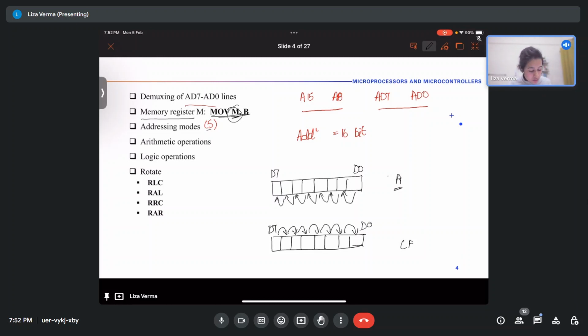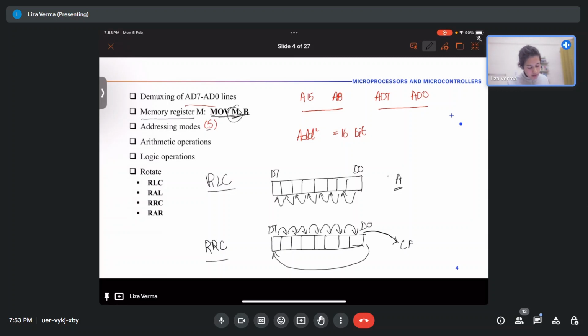In RRC, D0 went to the carry flag as well as D7. Because D7 had the empty space, it needed some bit, some data.